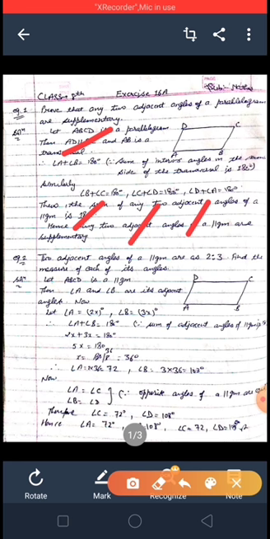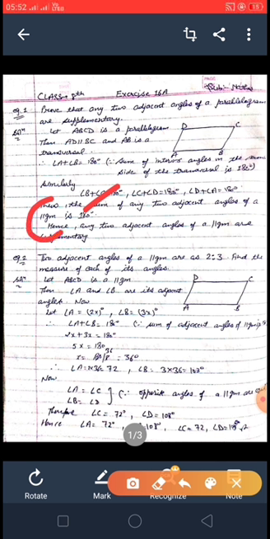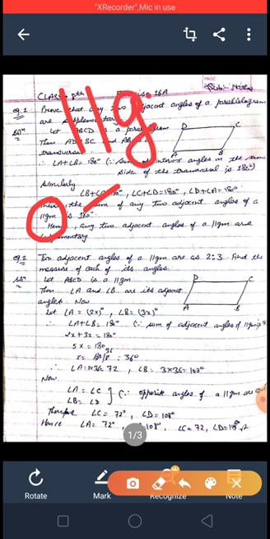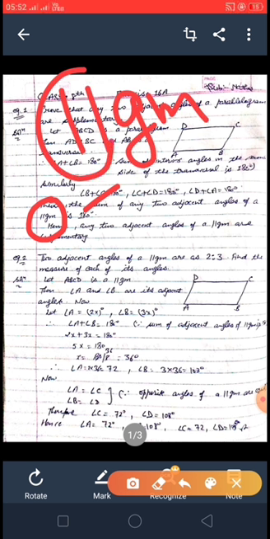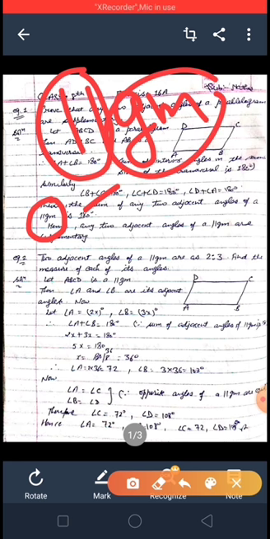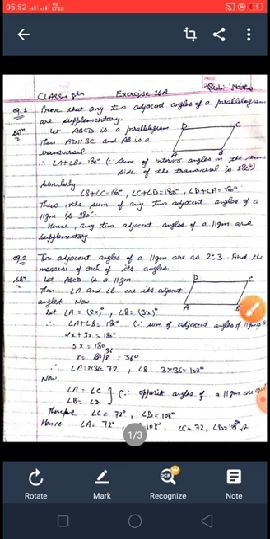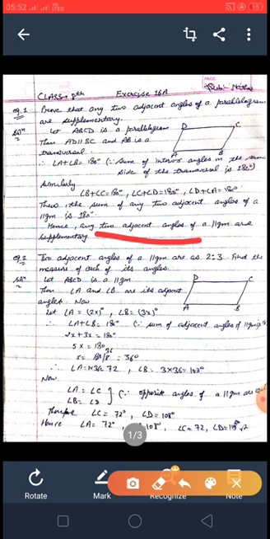Clear? So the sum of any two adjacent angles of a parallelogram is 180 degrees. This is the simple notation of the parallelogram. You can write parallelogram: this symbol is known as the parallel and the form like gram, so it will become parallelogram. So hence, any two adjacent angles of a parallelogram are supplementary.